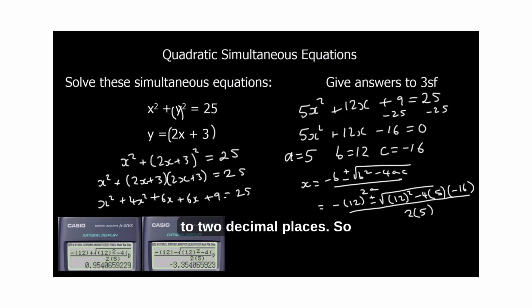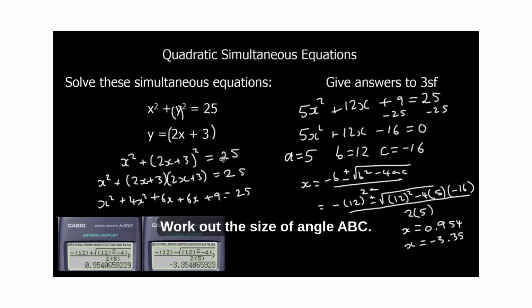To find the y values, we use this formula. So let's write down those x values first. So x equals 0.954 and x equals minus 3.35.